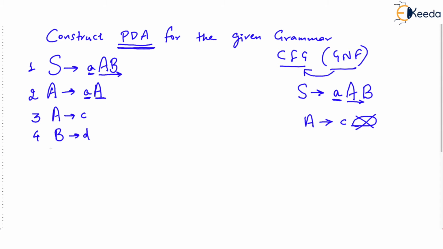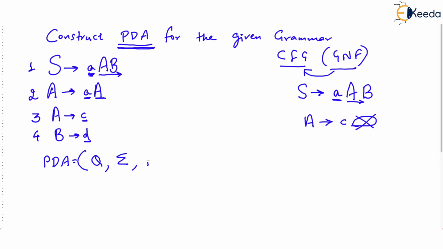But first of all, what does a PDA contain? PDA contains a set of states like Q0, Q1, Q2 and so on. Set of input symbols, like in this problem the input symbols are A, C and D. That is, input symbols are nothing but terminals in the grammar.